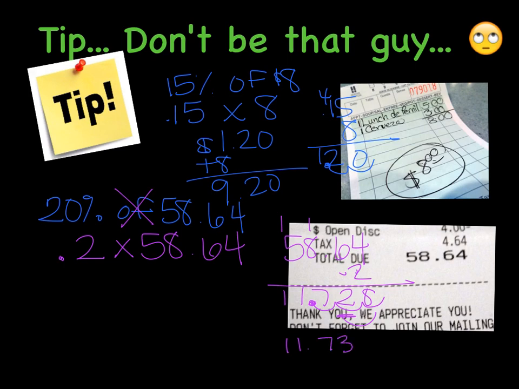So that is the extra that you would add on to your total. Okay, so I am adding up my total here, and that is going to be a total of $70.37.